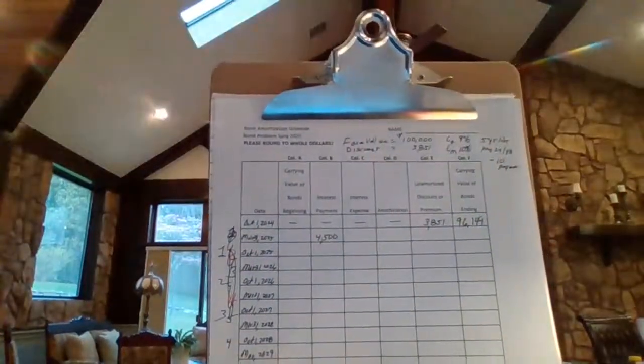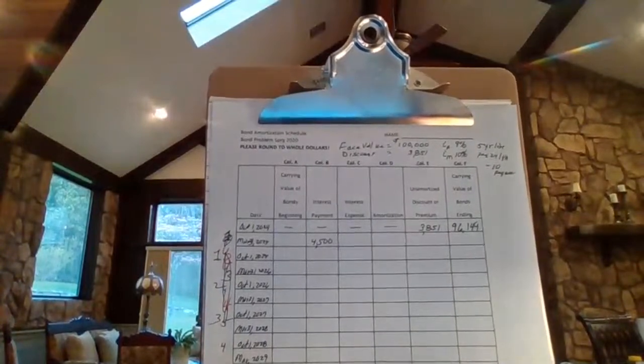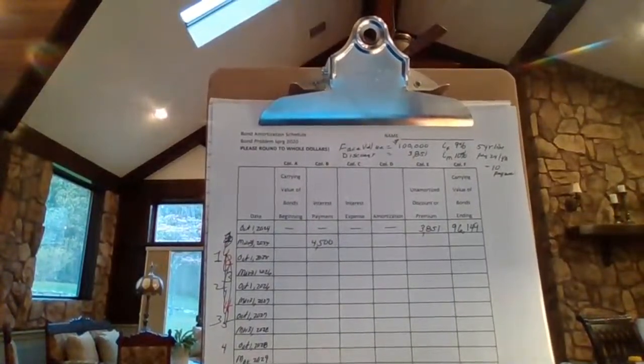Again, the interest payment is computed by taking the face value of the bonds times the face rate of interest on the bonds times the half a year in this case. So let's do that now. Interest payment column. You can see I put it in column B, and that is going to carry on all the way down that table.